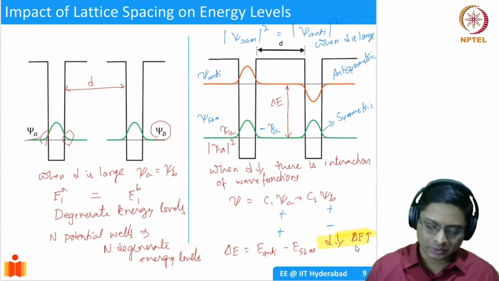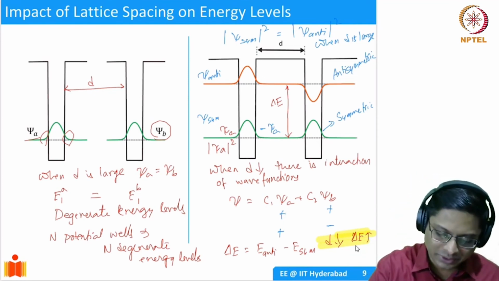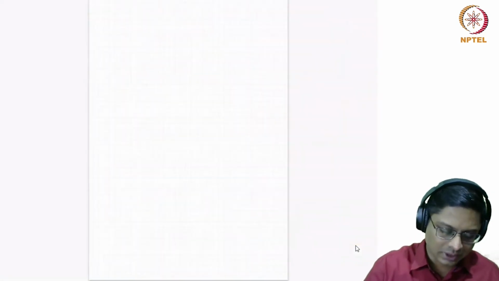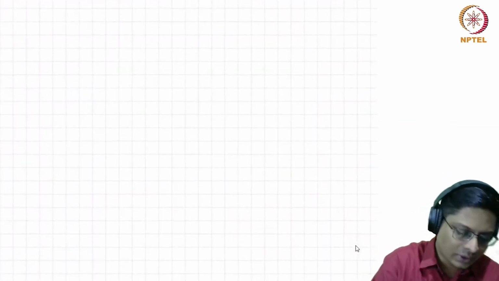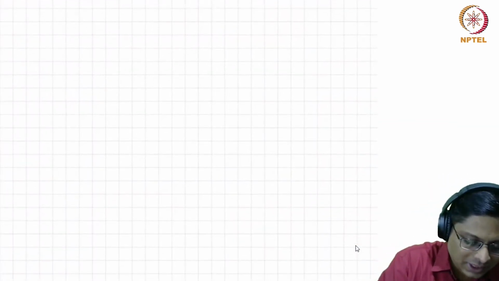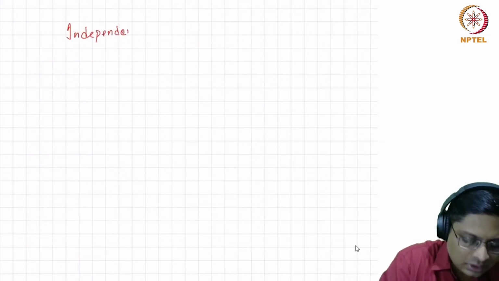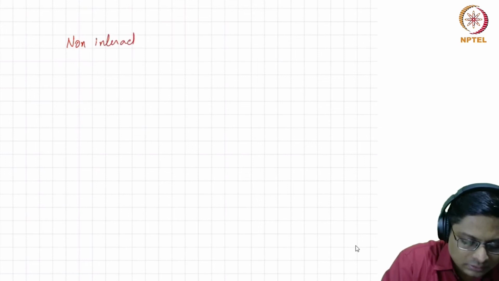So in the first situation, let me add a page here and zoom in this way. In the first situation, you had independent or non-interacting, that's a better word, non-interacting potential wells.